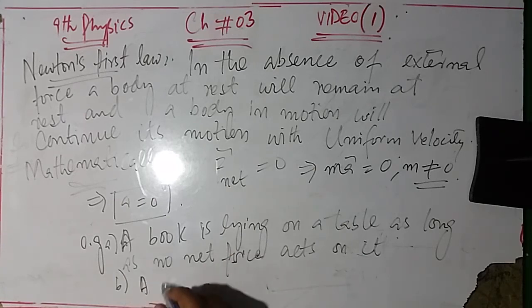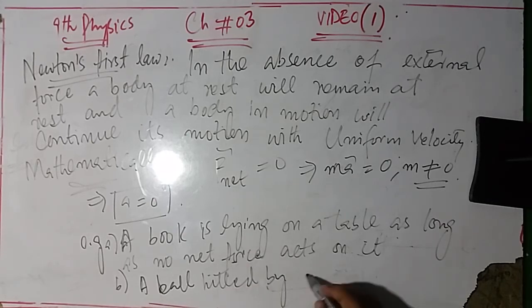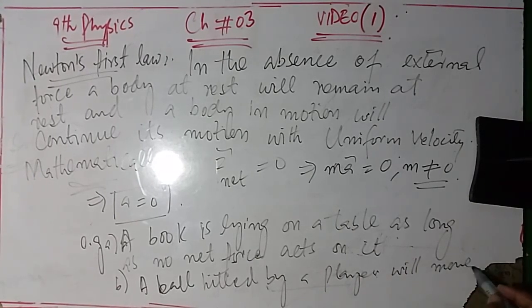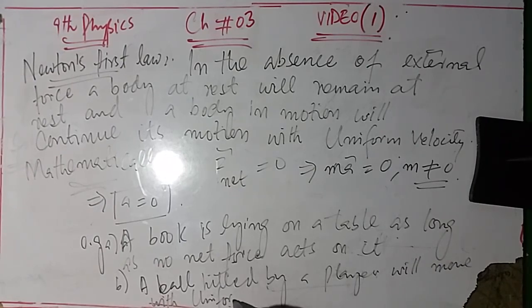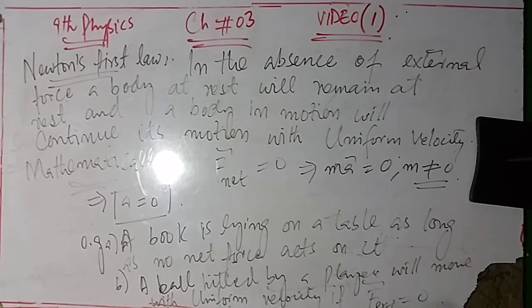A ball hit by a player will move with uniform velocity if the external force on it equals 0, so there will be no acceleration.